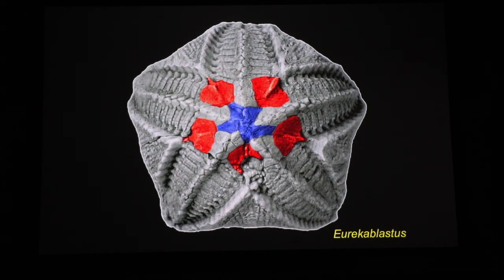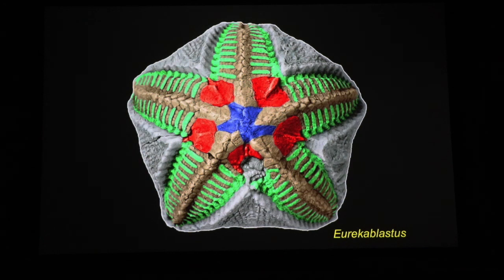There they are in blue. Then we try to find the flooring plate systems which form the distal food grooves. There they are in green. And then finally the cover plate system covering the entire ambulacral system. There in brown. So that gives us a full-blown model for Eureka-blastus.